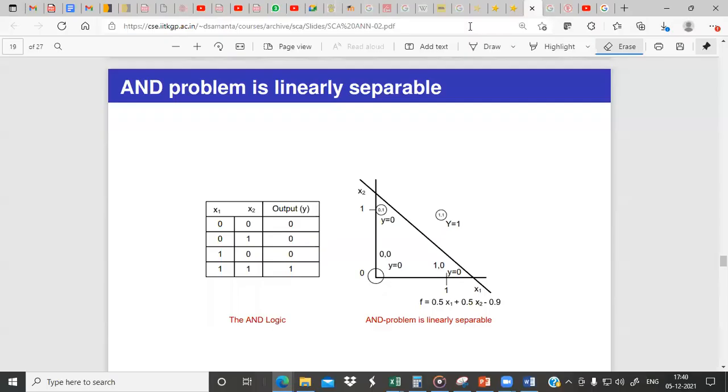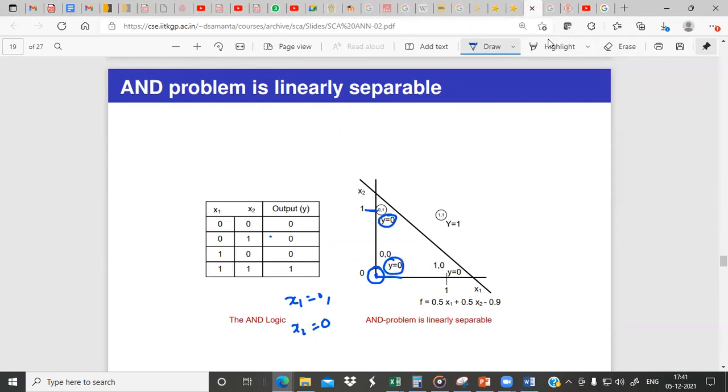Basically it shows that when x1 is 0 and x2 is 0, the output is 0. That represents this point. When x1 is 0 and x2 is 1, then also the output is 0. For this point also the output y is 0.